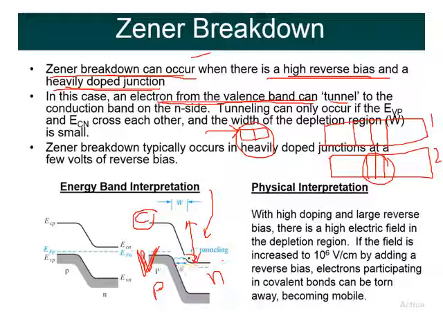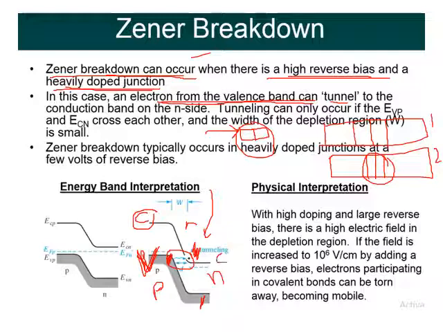So in the blue color, you are able to see some movements. So electrons from the valence band can tunnel to the conduction band. This is the valence band, as I have said. This is the conduction band.